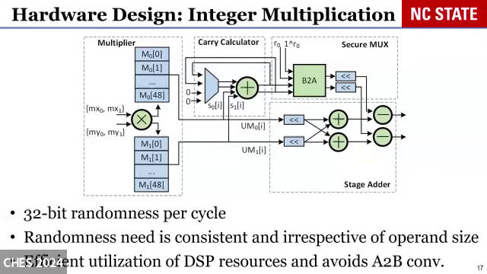The utilization of DSPs is much more efficient compared to a baseline design, and it avoids arithmetic to Boolean conversion. So this is more efficient. Thanks to our set of optimizations, this becomes more efficient when you compare it to other solutions.